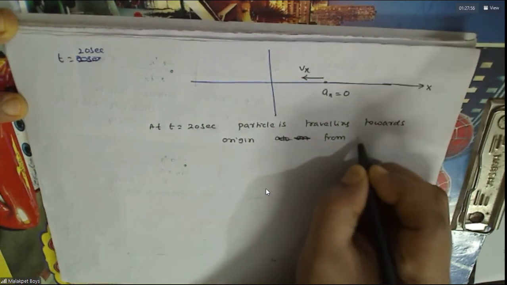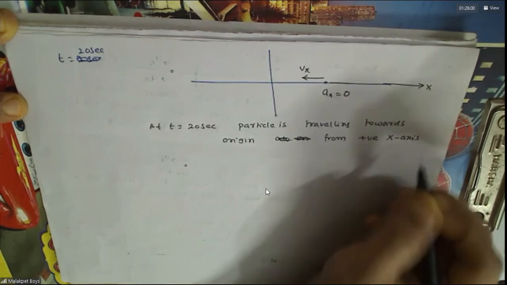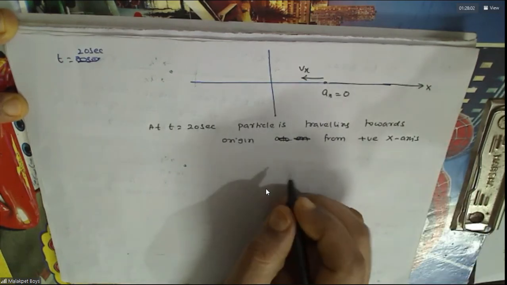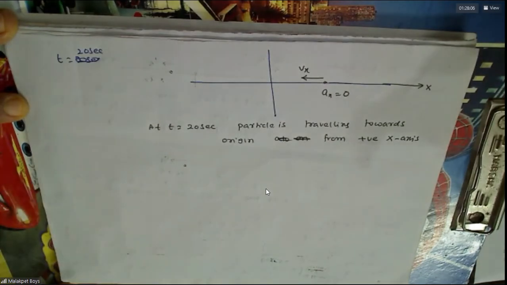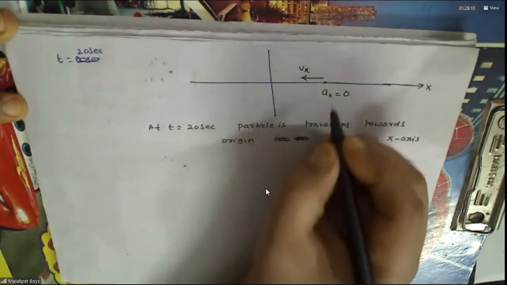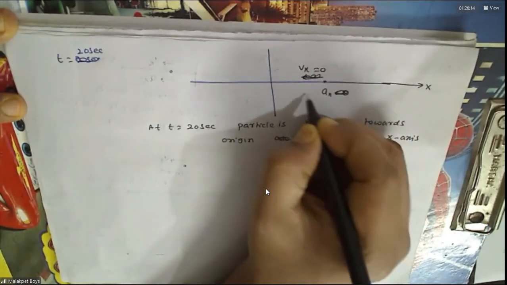From the positive x-axis. Velocity is 0, sir, at t equals 20 seconds. And acceleration is negative. Velocity is 0, okay. Acceleration is negative, yes, sir.